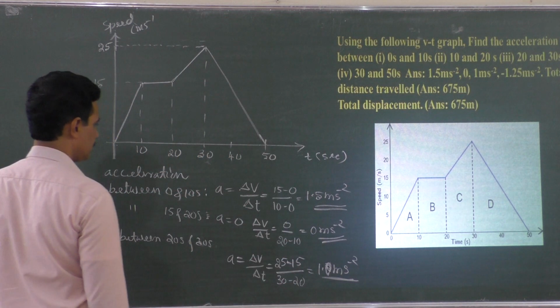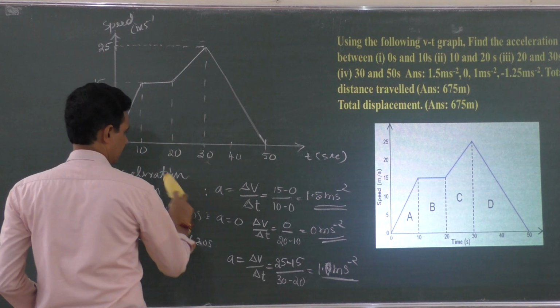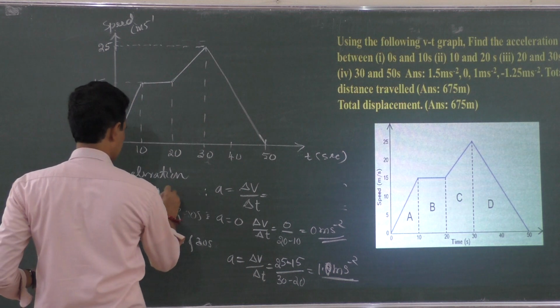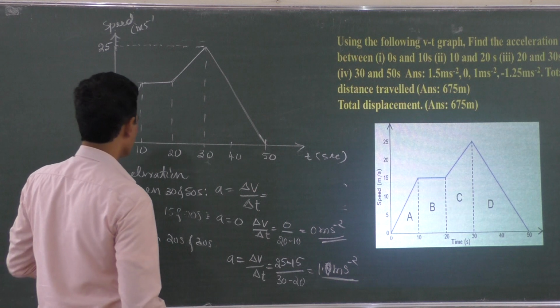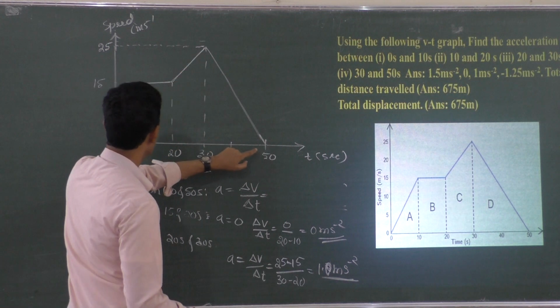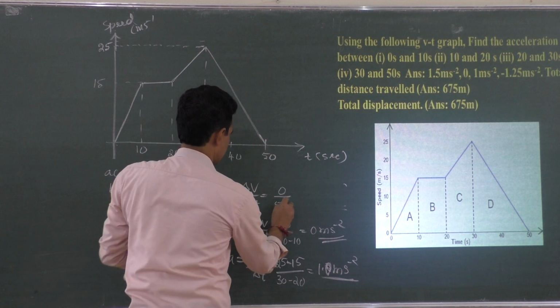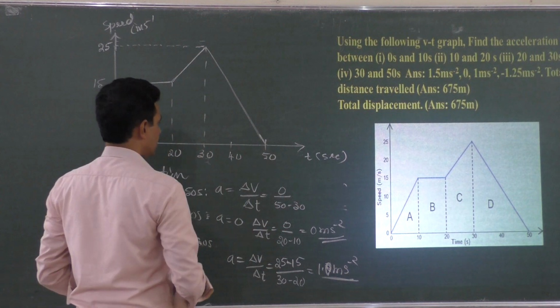Then what else? Between 30 and 50 seconds, the acceleration is retardation. The final velocity is 0. Velocity has come to 0. Time is 50 minus 30. It is not negative, time is increasing. But the final is 0.